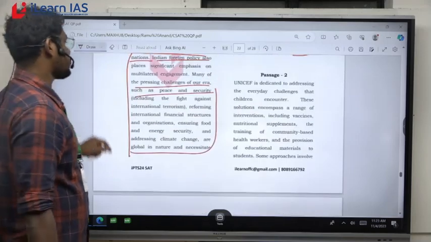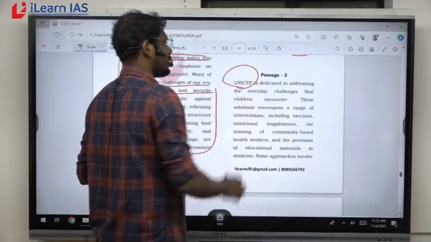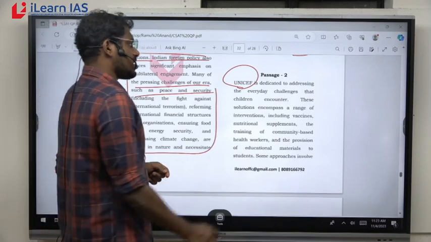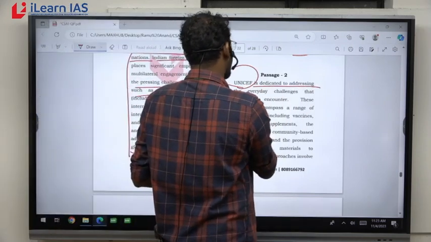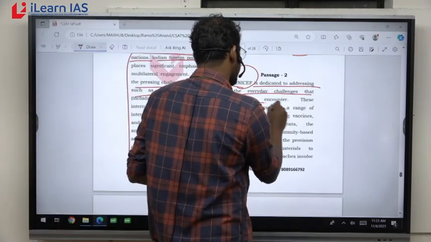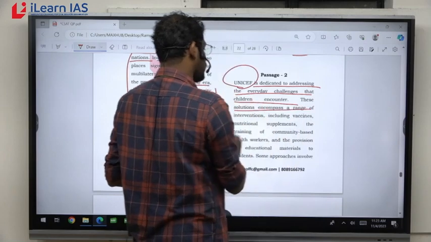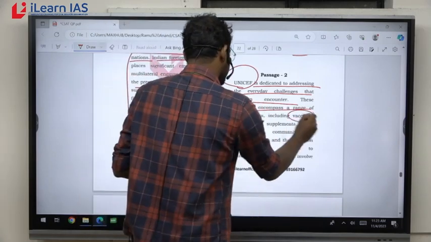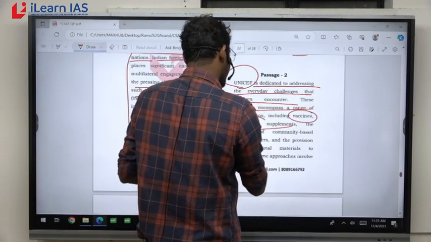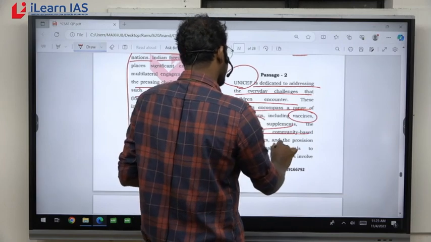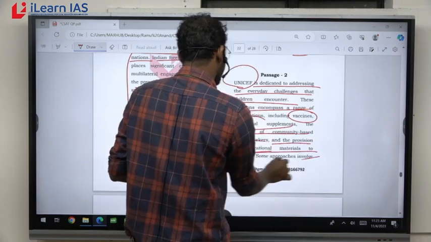The passage starts by mentioning UNICEF. UNICEF is dedicated to addressing the everyday challenges that children encounter. The solution encompasses a range of interventions including vaccines, nutritional supplements, training of community-based health workers, and the provision of educational materials to students.